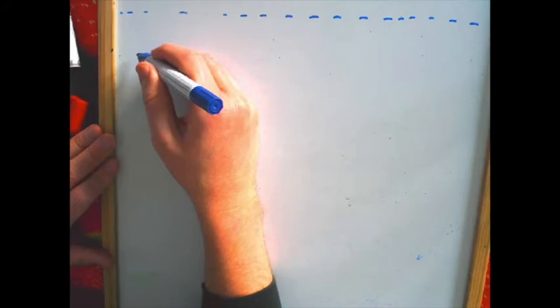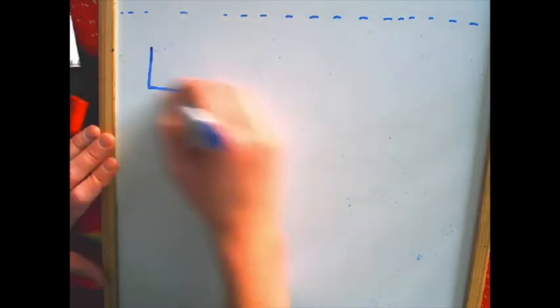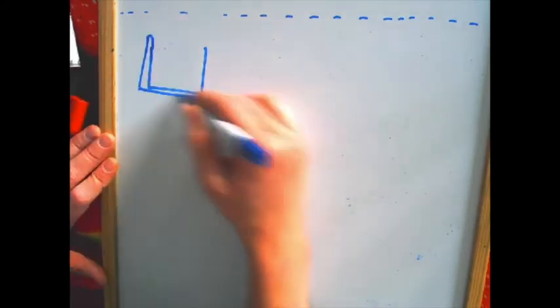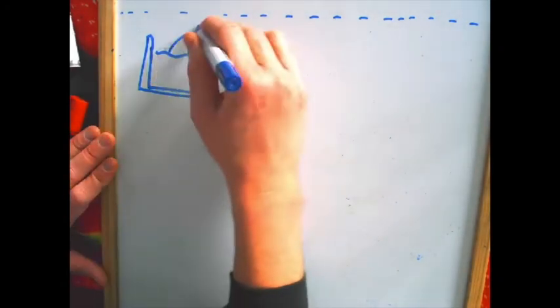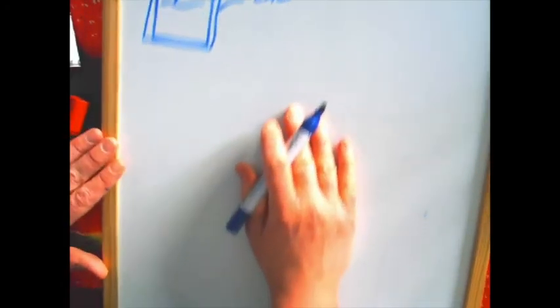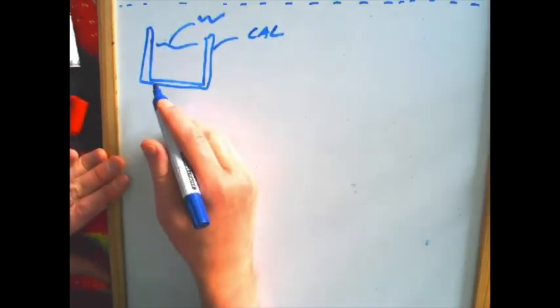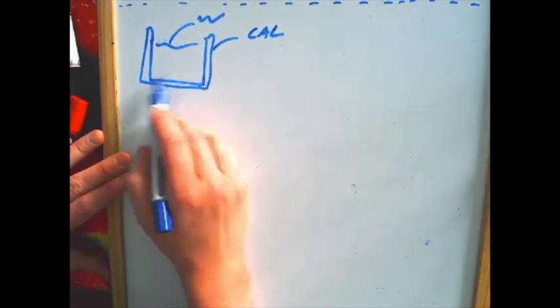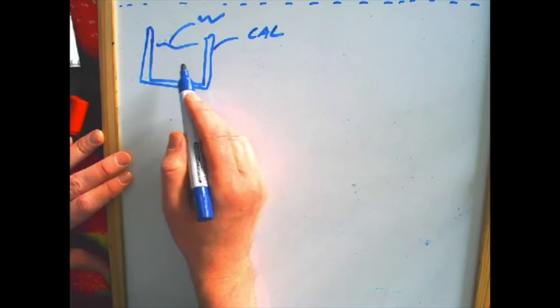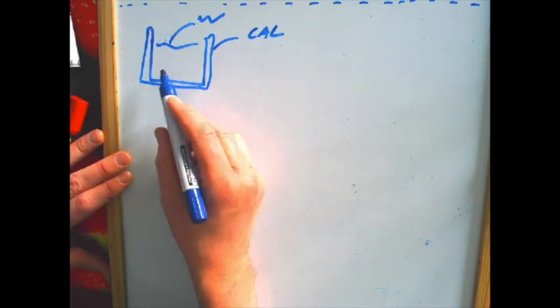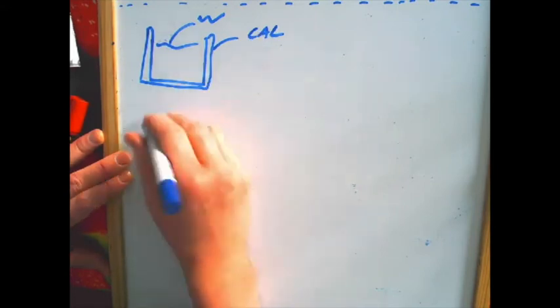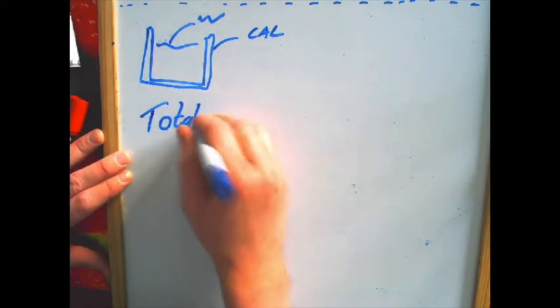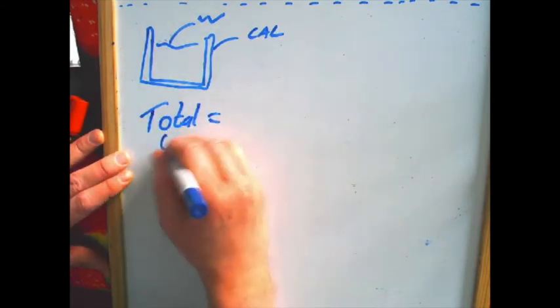Okay, so we're going to have to start using some subscripts. And let's think about what's happening. They're not adding anything. They just have the copper calorimeter and they're heating it up. So some of the heat's going to go into the calorimeter, some's going to go into the water. Okay, so the total energy needed to bring these up to 60 degrees, that's what they want to find out here.